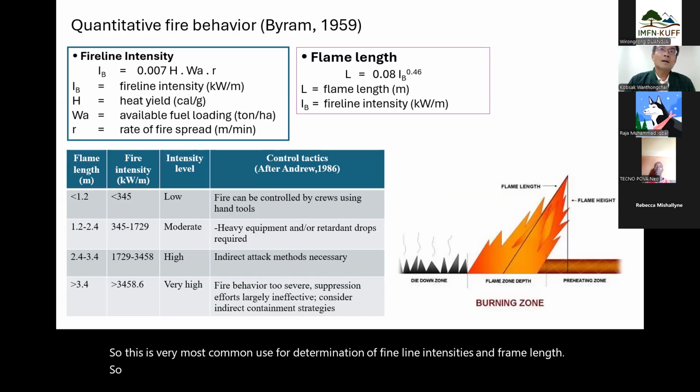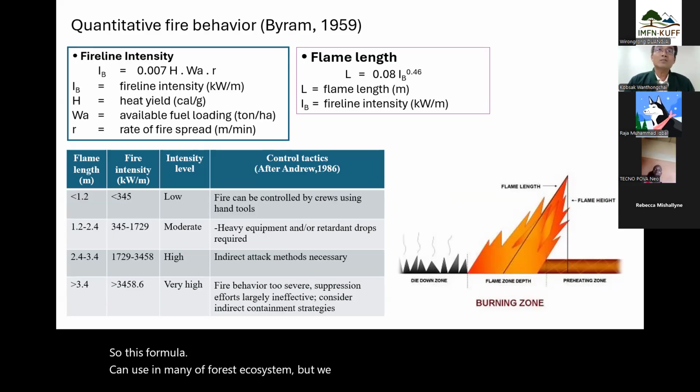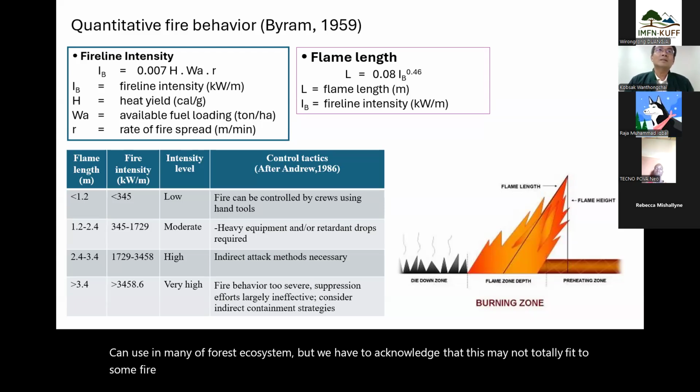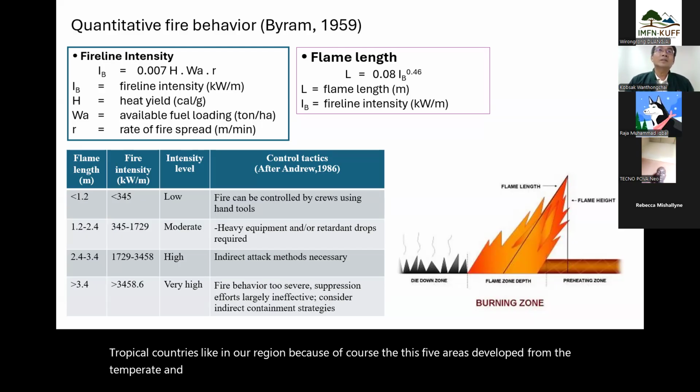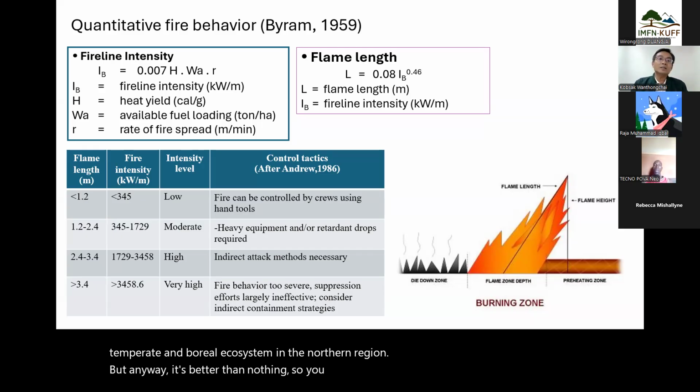This formula can be used in many forest ecosystems, but we have to acknowledge that it may not totally fit some fire behavior in tropical countries like in our region, because of course these equations were developed from the temperate and boreal ecosystems in the northern region. But anyway, it's better than nothing. So you can try to use the intensity equation and the flame length equation to determine fire behavior in the vegetation of your countries.